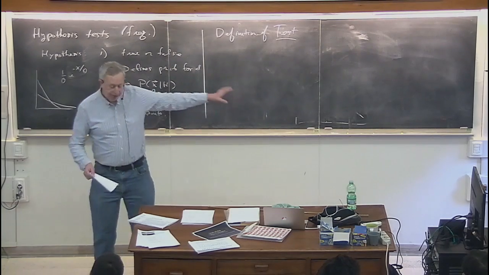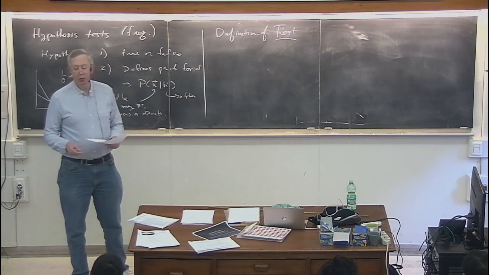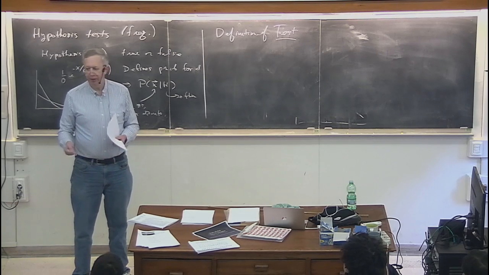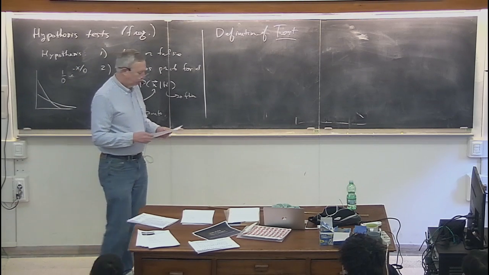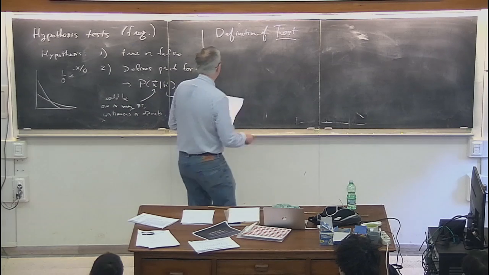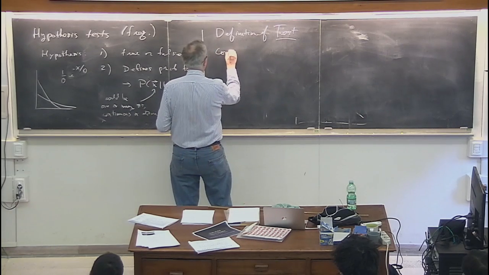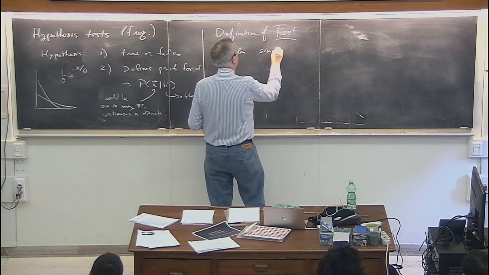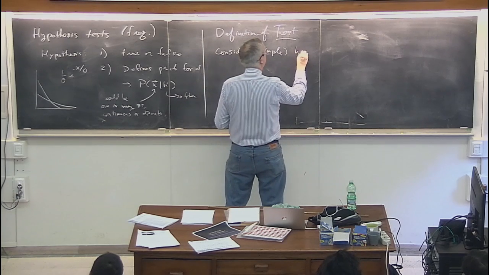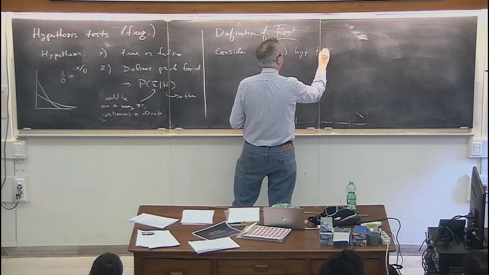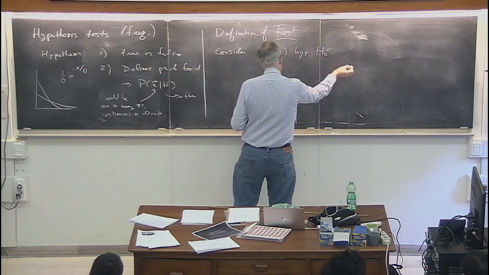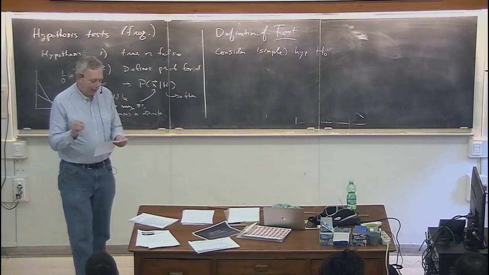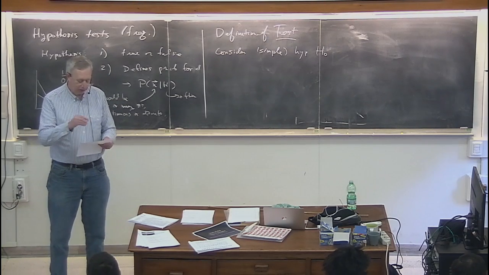And in this type of test that I'm going to define, that statement will just be a binary statement. I will either accept or reject the hypothesis. And so what I want to do is consider a simple hypothesis H0. So that 0 means that that's the hypothesis that I'm going to test. I'm going to either accept it or reject it.